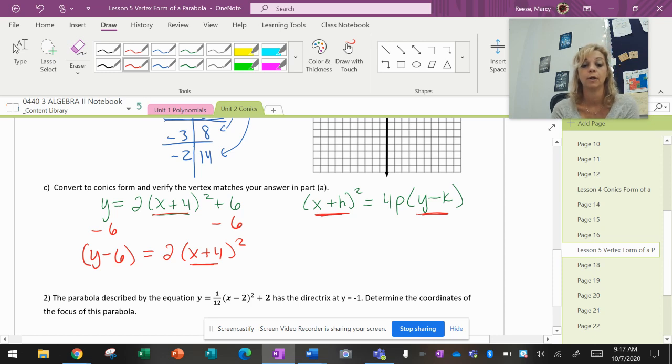X plus h squared, except it has a 2 on the outside. So I got to get rid of the 2. So opposite of multiplying is division, isn't it? And right now that 2 is being multiplied by that x plus 4 squared. So to undo it, I'm going to divide this by 2. The whole thing, I'm going to divide out by 2. Whatever I do to the right side, I have to do to the left side.